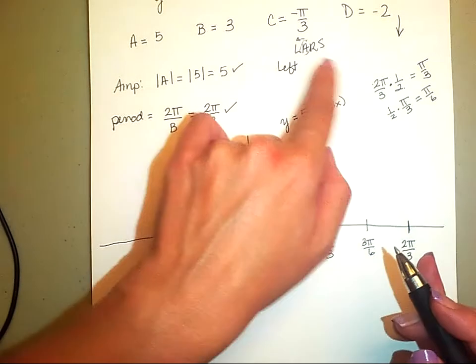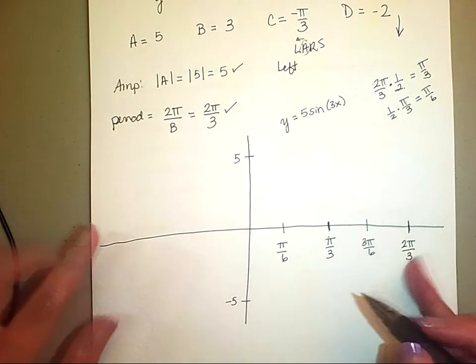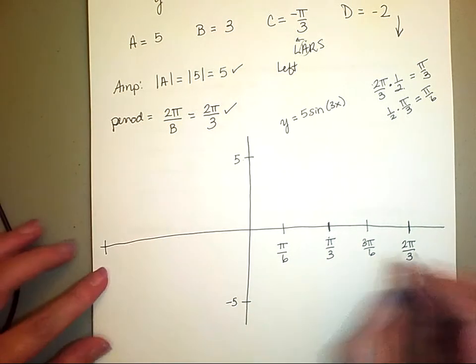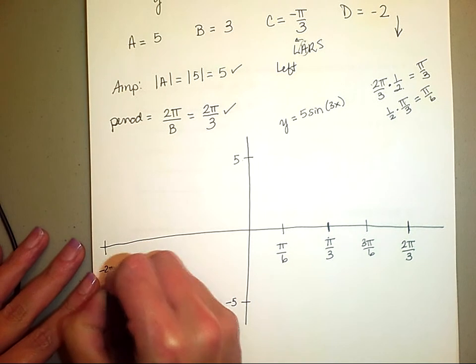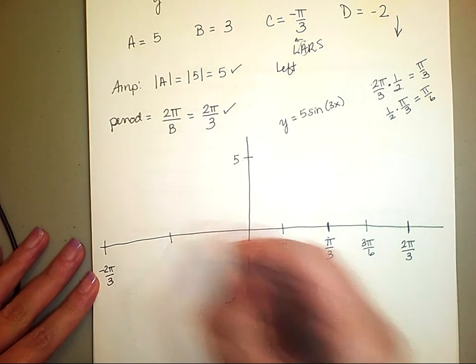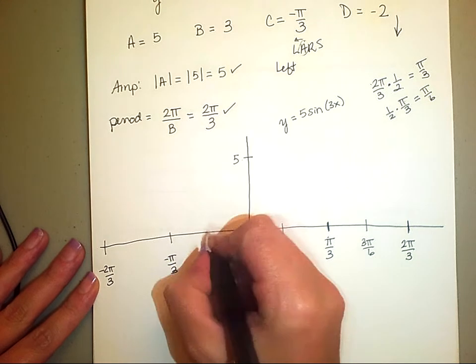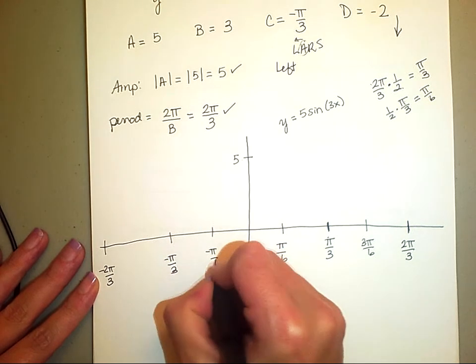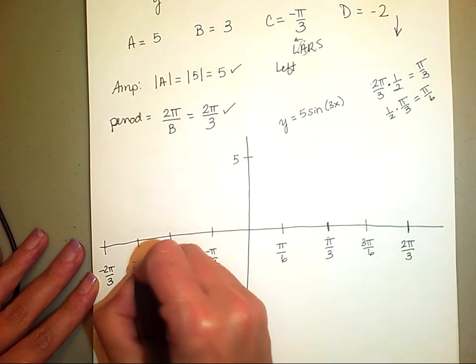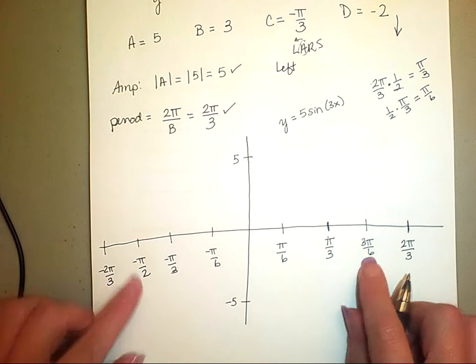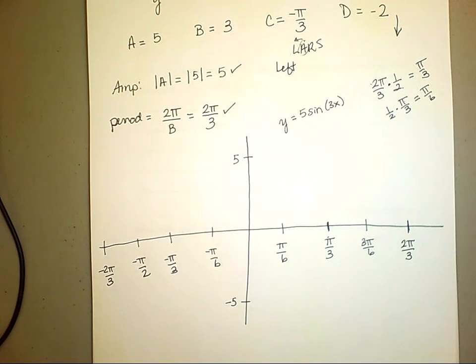And we will be doing some shifting left, so let's mark these out as well. I just take the opposites of these. So this is negative 2 pi over 3. Half of that is negative pi over 3. Half of this is negative pi over 6. And half of this is negative pi over 2. So 3 pi over 6 is pi over 2.